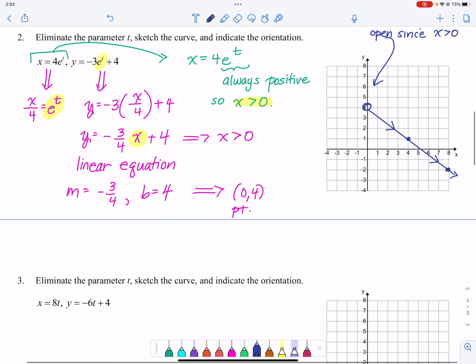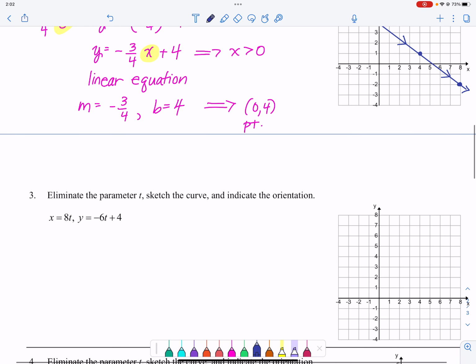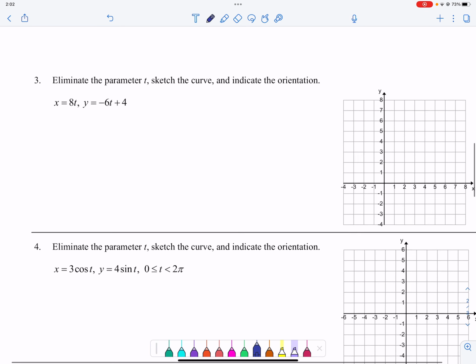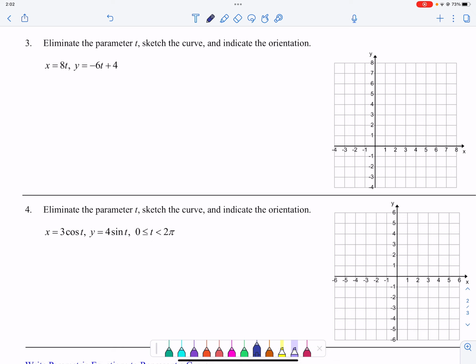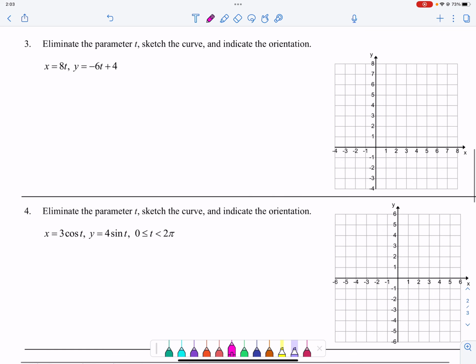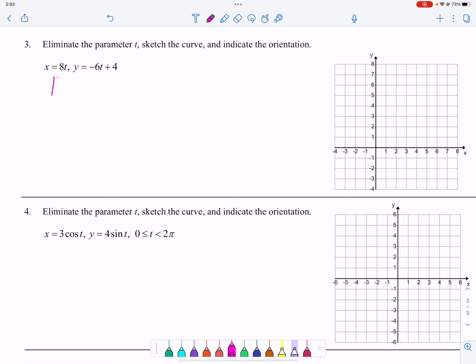Okay, let's take a look at number 3. Eliminate the parameter t, sketch the curve, and indicate the orientation. So the first thing we want to do is solve directly for t this time. So we divide both sides by 8. So we have x over 8. You could also say that that's 1/8 times x.